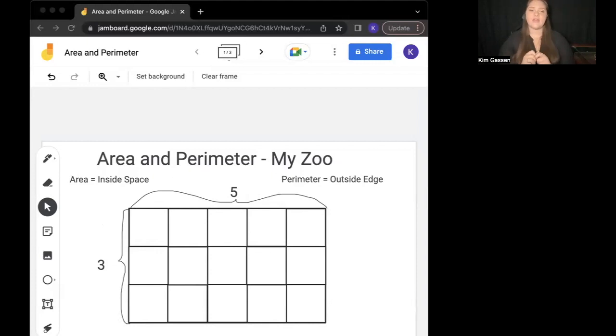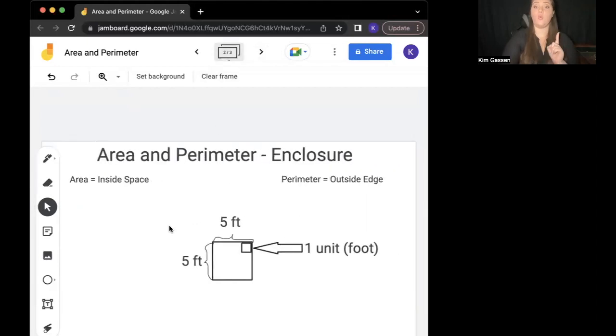Now, does everyone see the difference here between area and perimeter? Perimeter is found by adding all your sides. Area is by multiplying your sides, okay? Now, let's look at one enclosure.